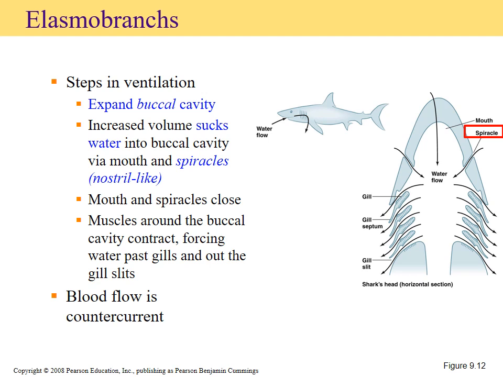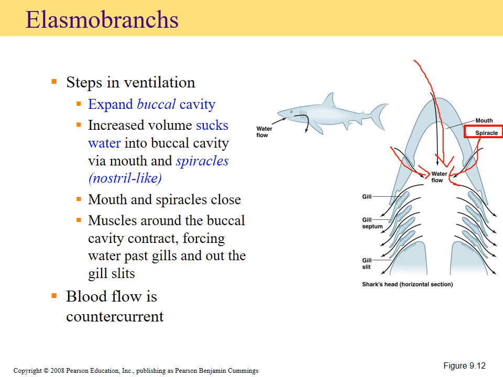So let's take a look at the little picture inserted. As you can see, water is flowing in through the mouth and to the little spiracles. And when the buccal cavity is full, it will close. And when it closes, it contracts ever so lightly so that the pressure starts to build up in the buccal cavity.